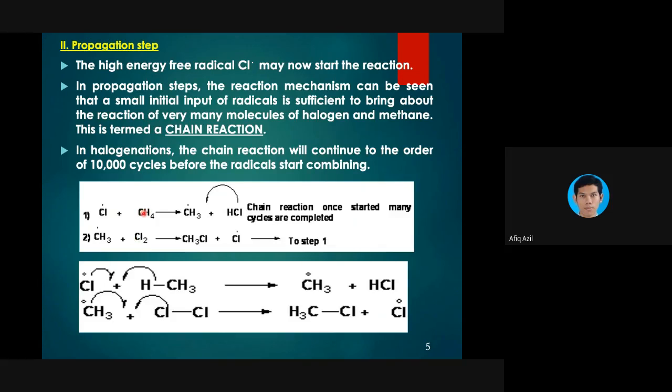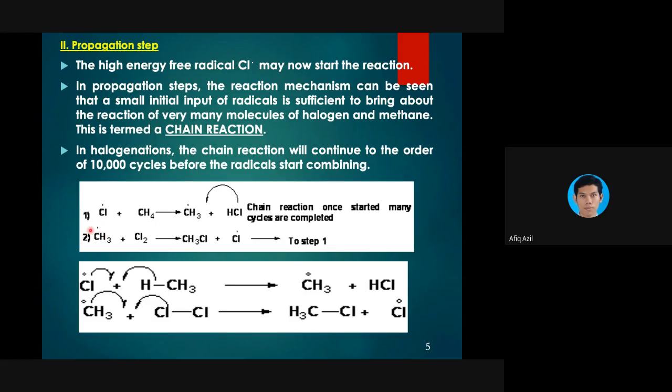When it takes this hydrogen, the carbon instead ends up being a free radical. Because the chlorine already took one of the hydrogens, it becomes HCl. It is no longer a free radical, but the carbon now becomes a free radical.